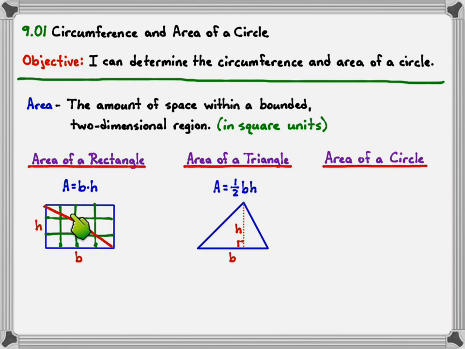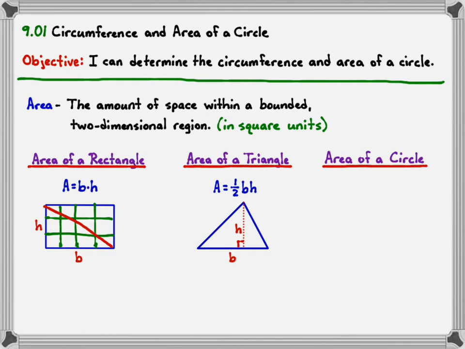So I'm taking the area of a rectangle and I'm cutting it into 2 equal pieces. Well, those 2 equal pieces are triangles, and so the area of a triangle is half of what the area of a rectangle would be with the same base and the same height. Notice that the base and the height here in this rectangle form a right angle, and so the base and the height of the triangle also form a right angle. So that's the area of a triangle.